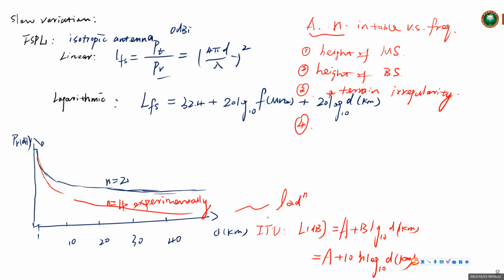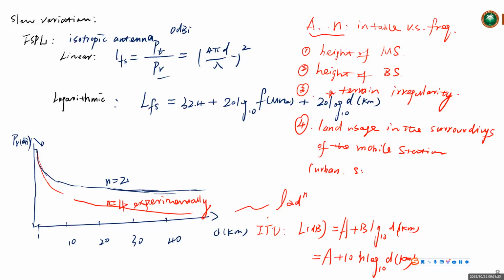And the fourth one is the land usage in the surroundings of the mobile station, for example, urban, suburban, rural, open area, which are going to be different.